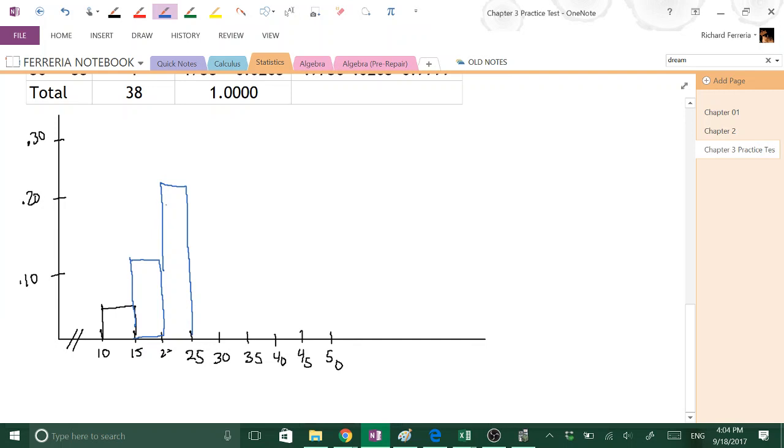Thank you. 25 to 30? 0.2895. 30 to 35? 0.21. 35 to 40? 0.05. 40 to 45? 45 to 50? 50 to 55. 0.026. Right. So that's my histogram.